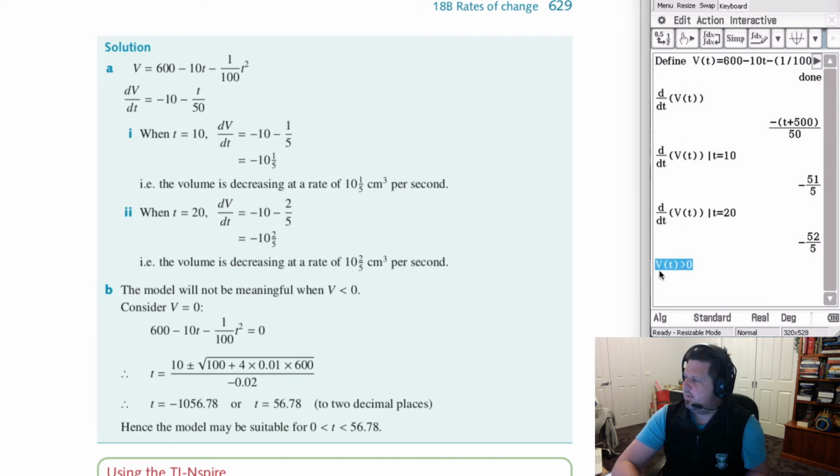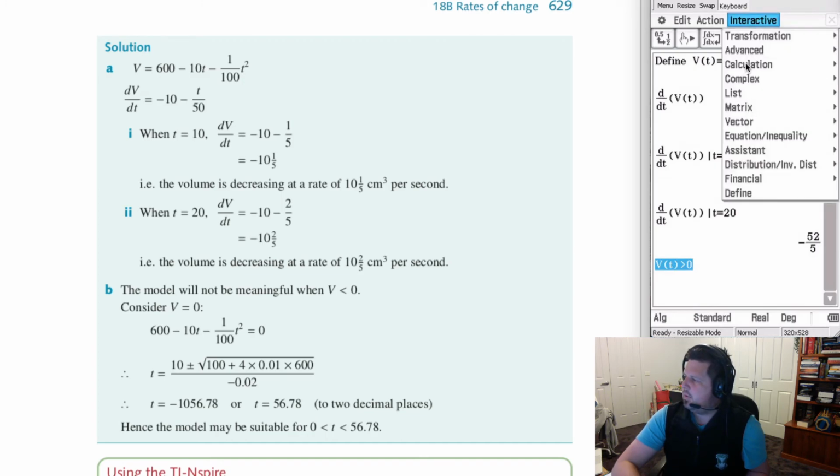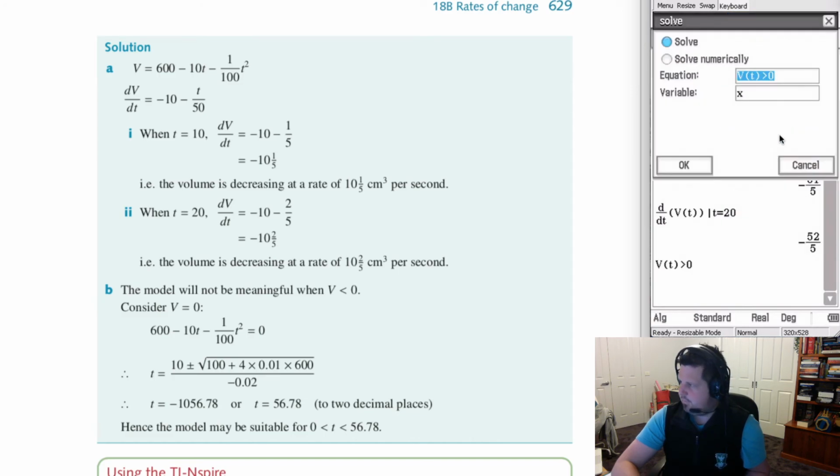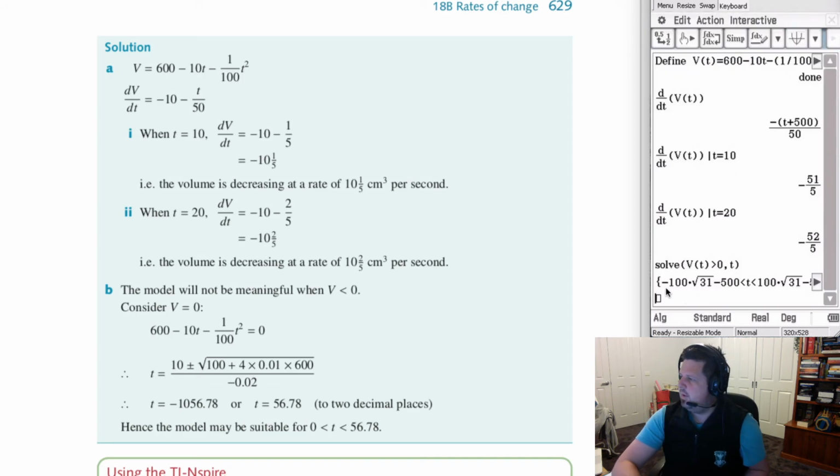So we want to find out where V(t) is greater than 0. Highlight it, we go to interactive, and we go to equation, and we're going to go to solve. Here's the equation we want to solve where it's greater than 0. Remember the change of variable, it was t. Cool, it spits out where V(t) was greater than 0.